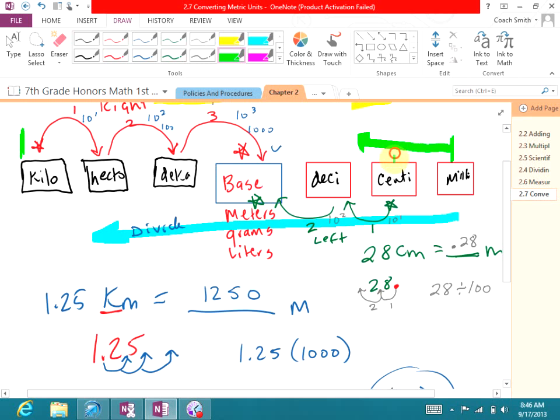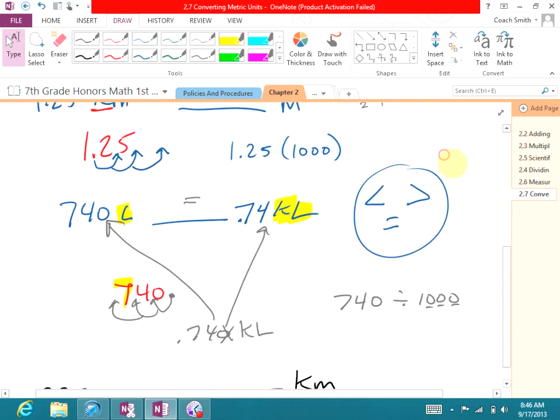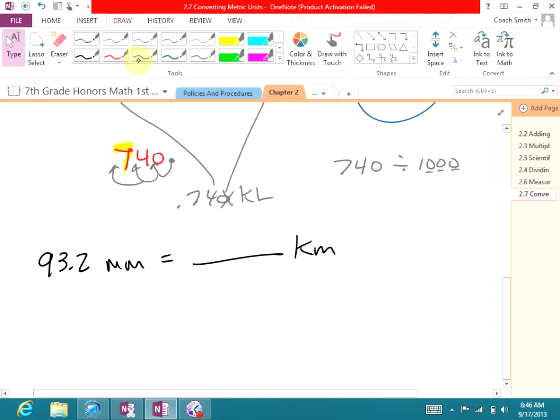Well, there's 1, 2, 3, 4, 5, 6. So I'm moving 6 boxes. So what that means down here is I have to take 93.2 and move 6 places. Once, twice, 3 times, 4 times, 5 times, 6 times.